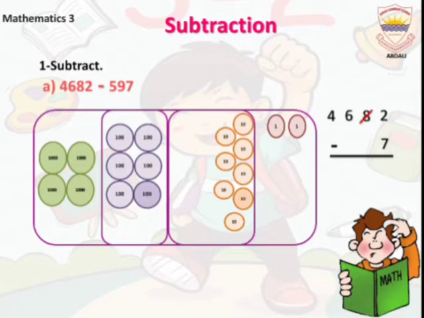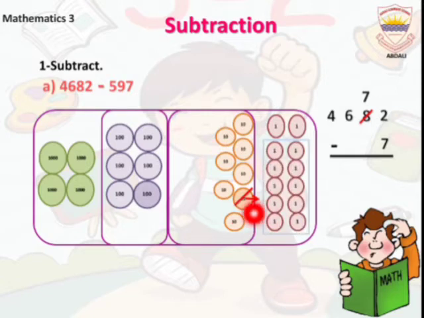8 is at tens place, so we cut 8 and borrow 1, and we borrow 1 on the top of 2 ones. Students, here 8 number disks of tens are shown.